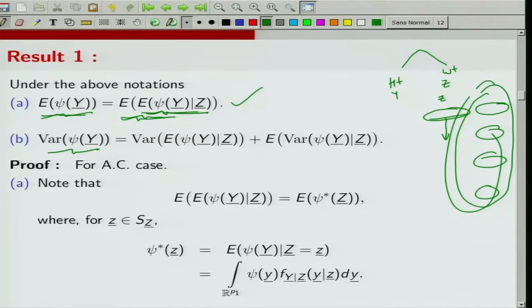Now, similarly, variance of psi(Y) is the same as variance of the conditional expectation plus expectation of the conditional variance.